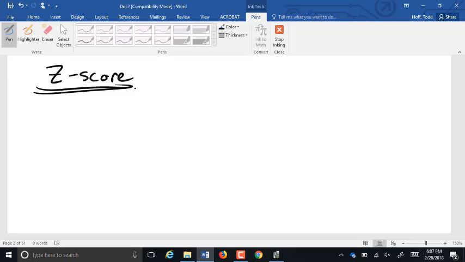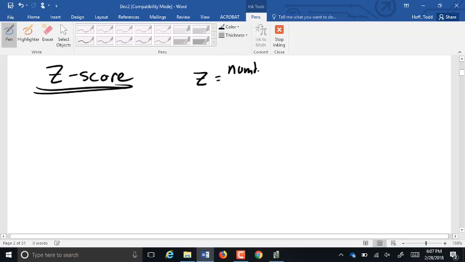The Z-score of a number is equal to that number minus the mean for its data set. Then you take that difference divided by the standard deviation.